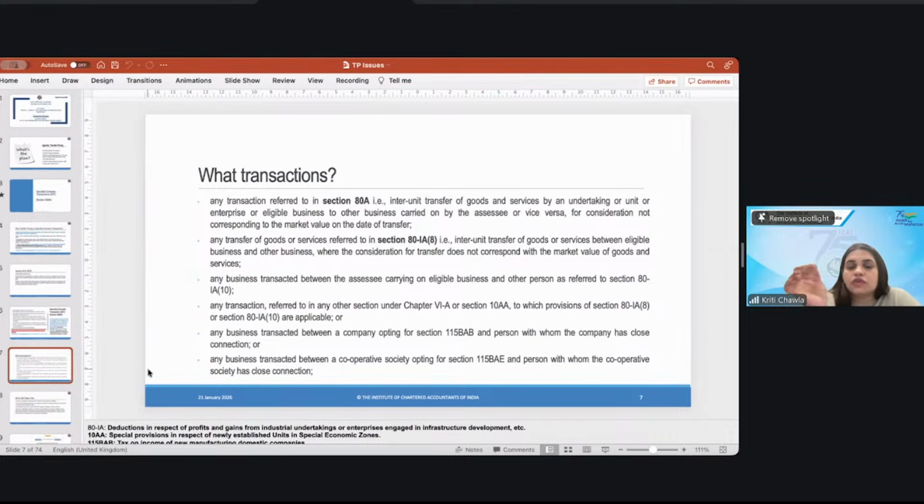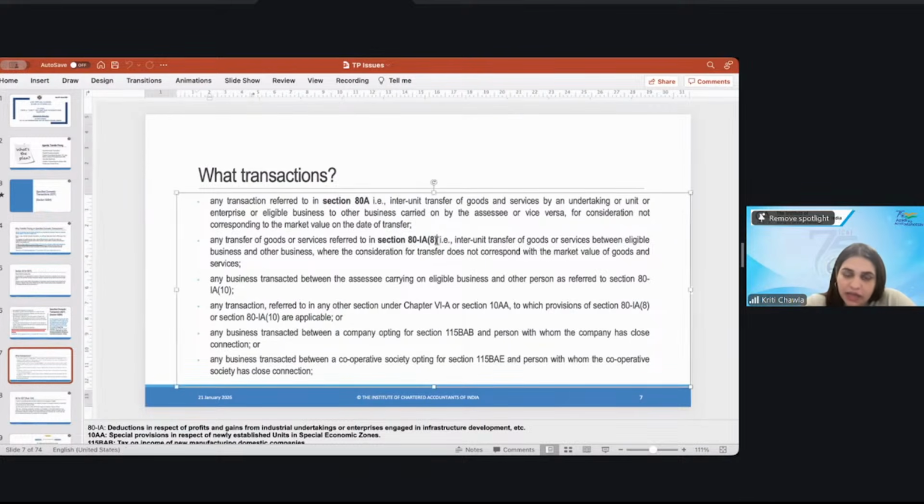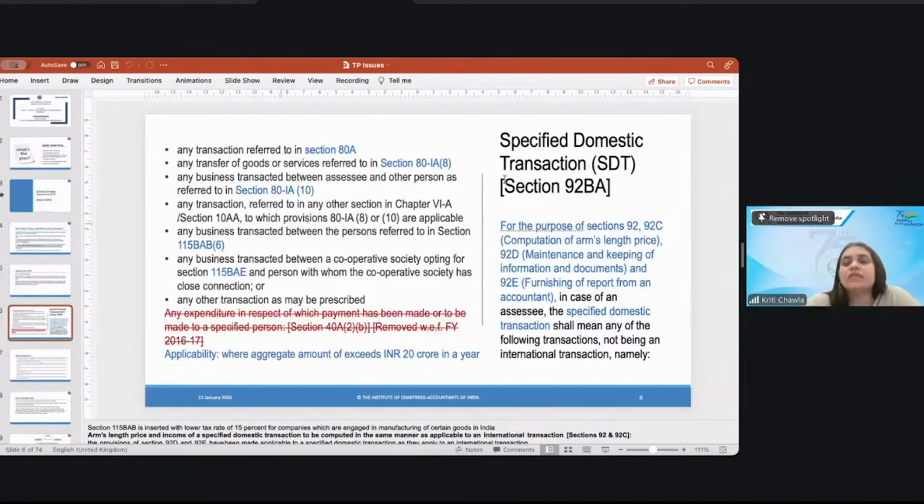So if there is an inter-unit transfer of goods between eligible units and other units, or eligible units and other persons, and this is for industrial undertakings or infrastructure development, then Section 80IA will be applicable. And if Section 80IA transactions are there, then SDT provisions will be applicable.